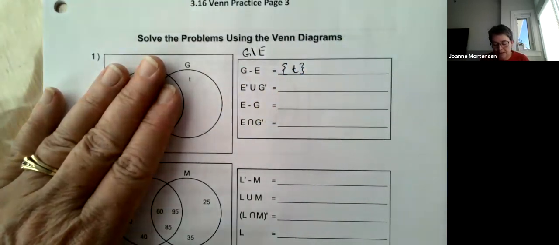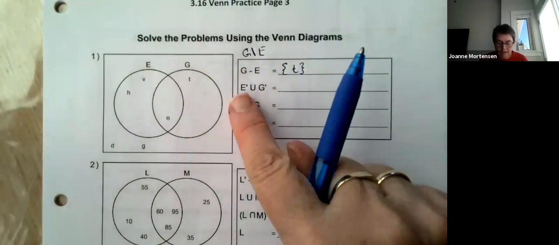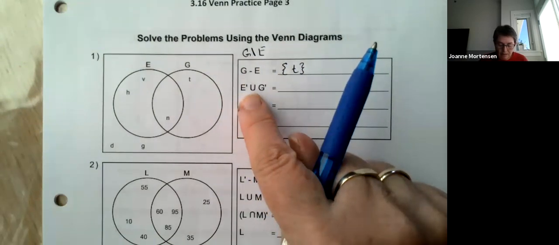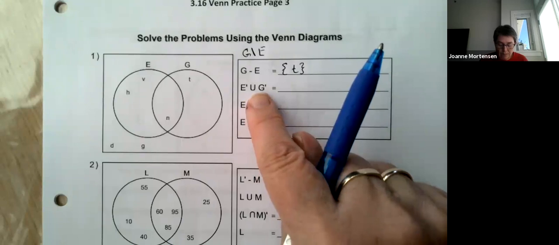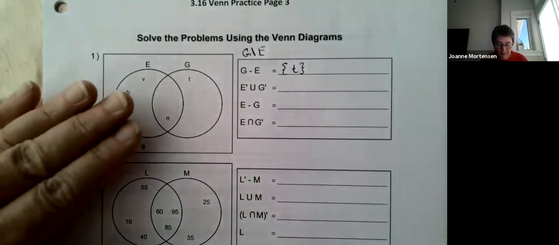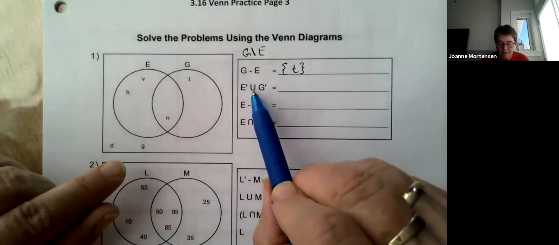Probably should have set notation on. All right, E prime union G prime. I think my diagram's gonna get pretty messy, which we're okay with because it's got a union there.